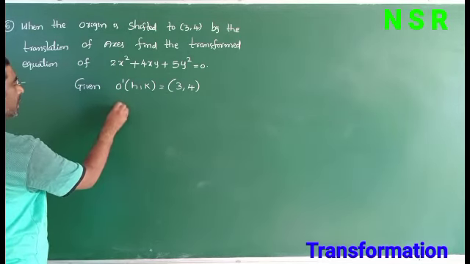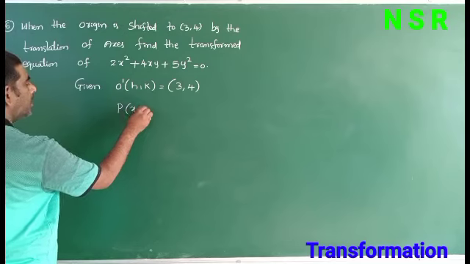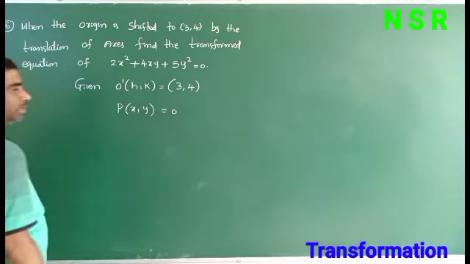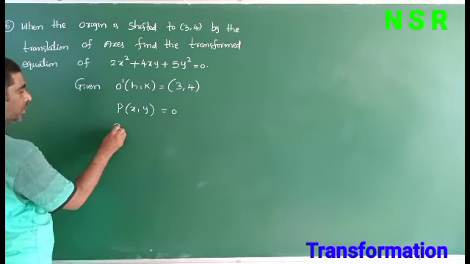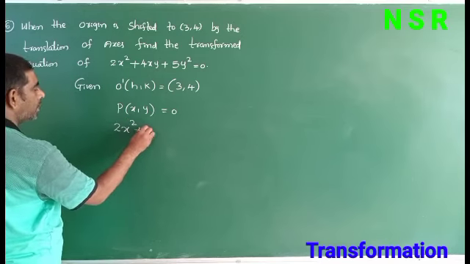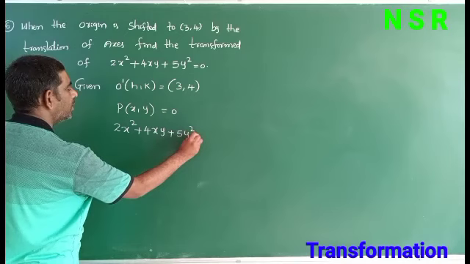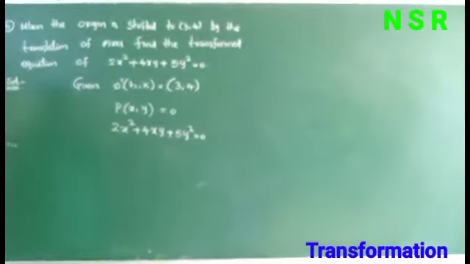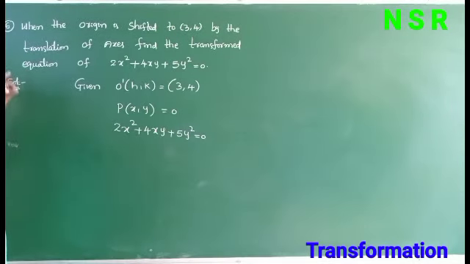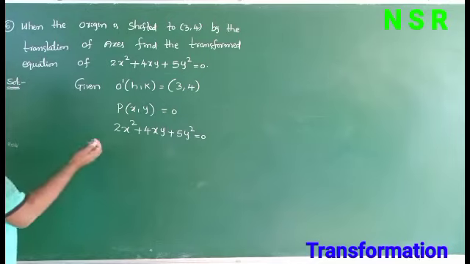Also given here the equation P(x, y) equal to 0, meaning 2x square plus 4xy plus 5y square equal to 0. So, by using transformation of axis we can find x and y and substitute here.